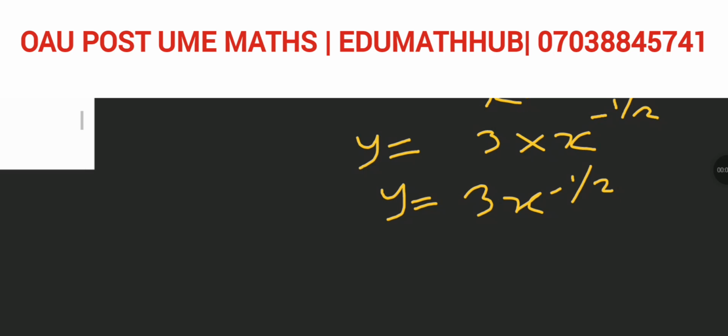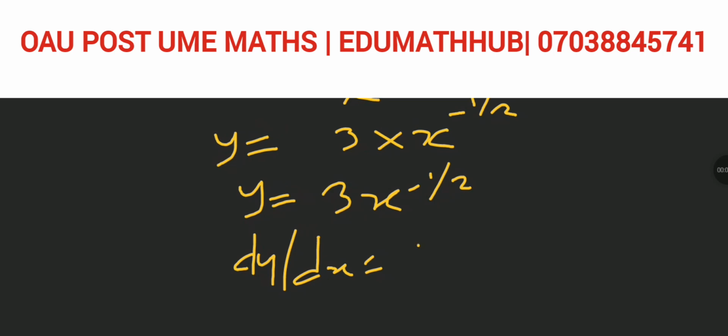When you differentiate, you're going to get dy/dx on the left hand side. This 3 is a constant, so leave it the way it is. 3 times, then when you differentiate x to the power minus half, this minus half will come to the front and multiply the 3.